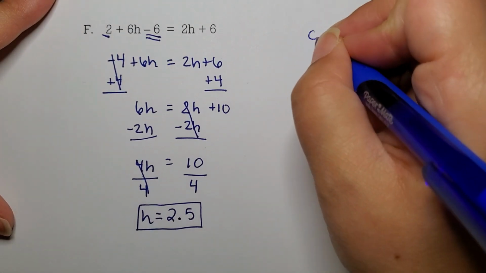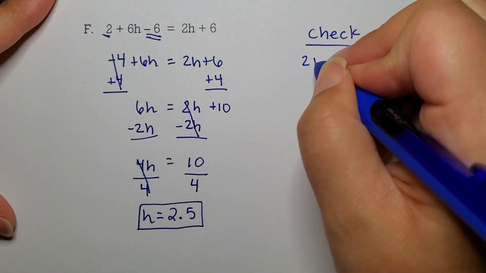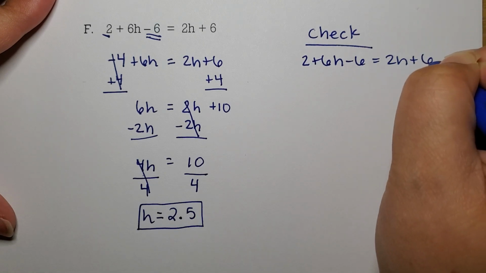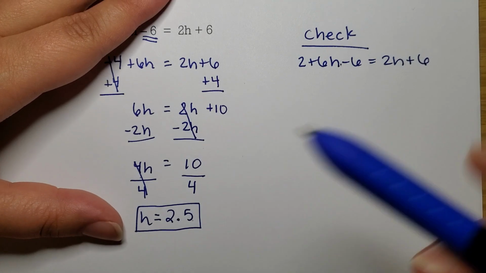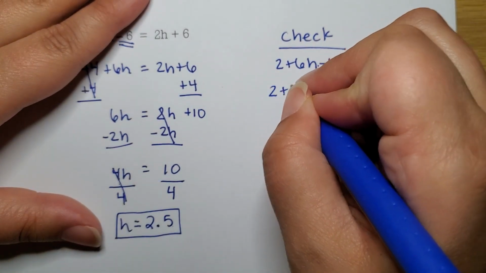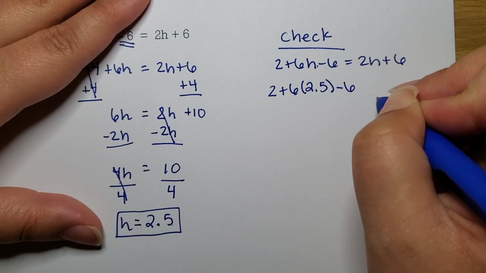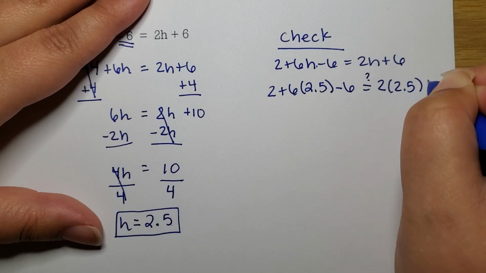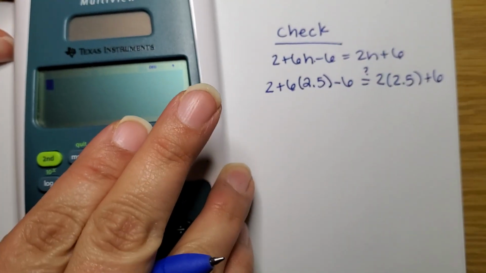And let's check this one. So 2 plus 6h minus 6 is 2h plus 6. So wherever I see h, I'm going to replace it with 2.5. 2 plus 6 times 2.5 minus 6. Does that equal 2 times 2.5 plus 6? I don't know.